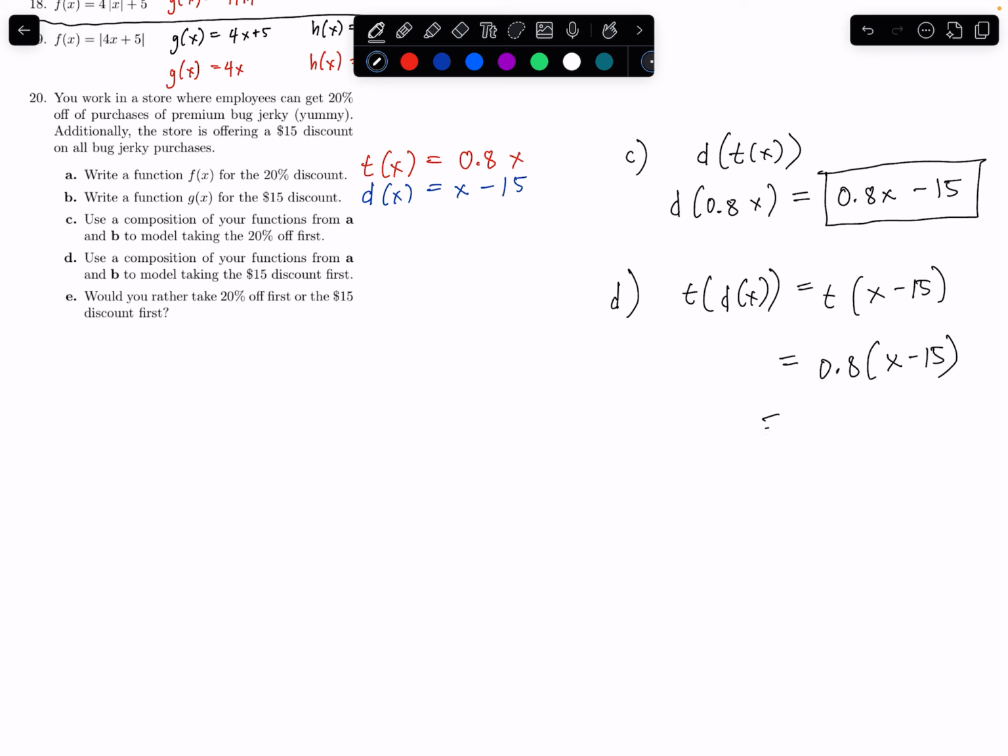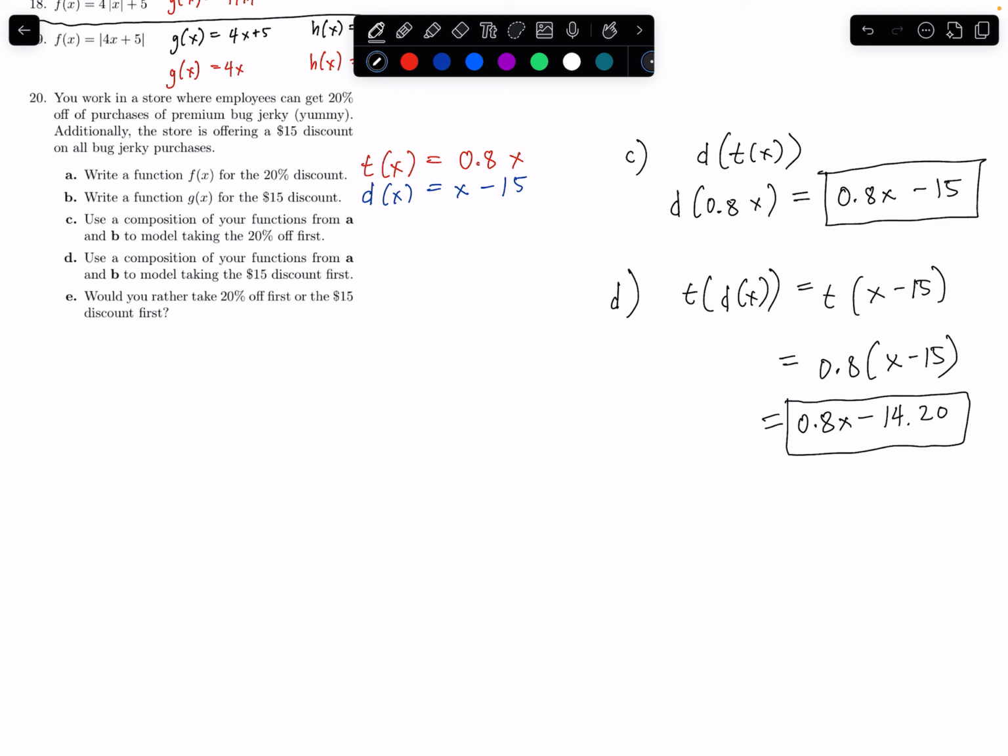In this case, I've got to distribute this time. So it's going to give me 0.8x, and then minus 80% of 15. I'm going to punch that into my calculator because I'm not good at arithmetic. And that is $14.20. 14.2. So that's the result.